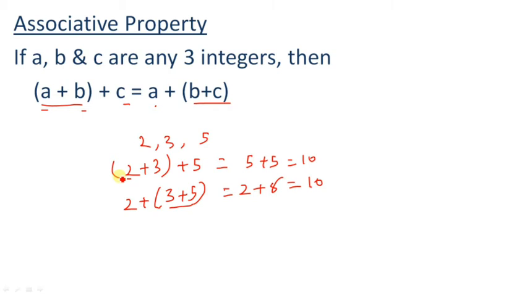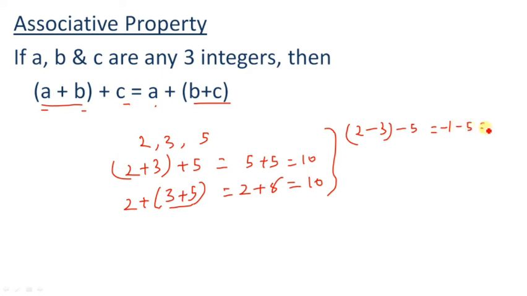Okay, now let us come to the next property. Before going to the next property, let us test these numbers for subtraction also, if it obeys or not. Suppose I write 2 minus 3 minus 5. What will be the result? 2 minus 3 is minus 1, minus 5, minus 6.